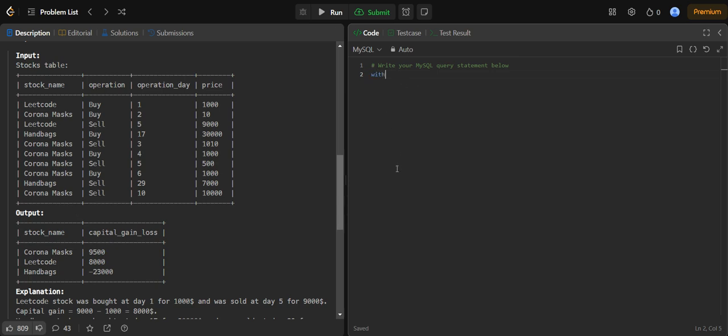I can write one CTE, say total bought, or simply write CTE. In this CTE, I will add all the prices of stocks that are bought.